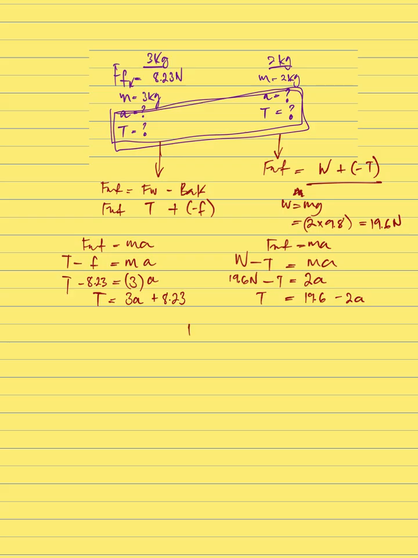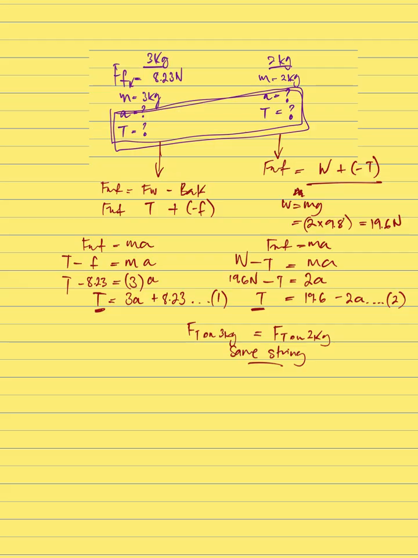But I know that the force of the tension on block 3 is equal to the force of the tension on block 2 because it's the same string. So I've got equation number 1 here, and equation number 2, and I know that these two tension values have to be equal, so I can equate these two.